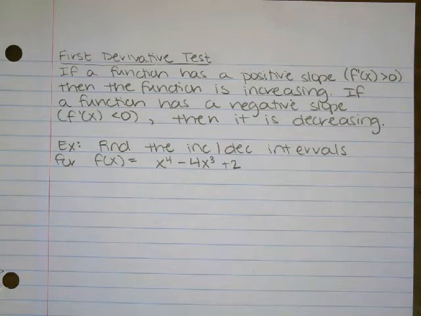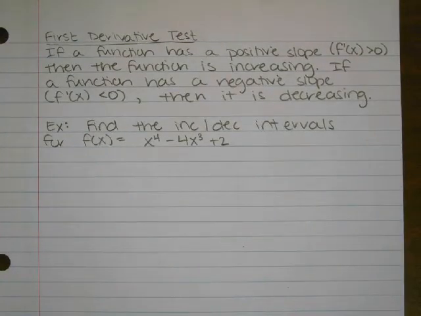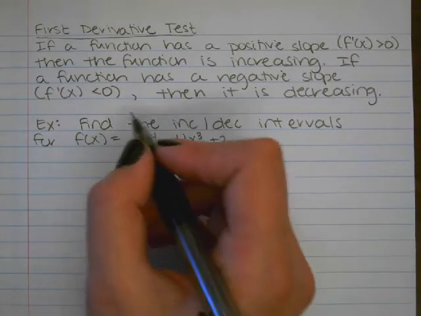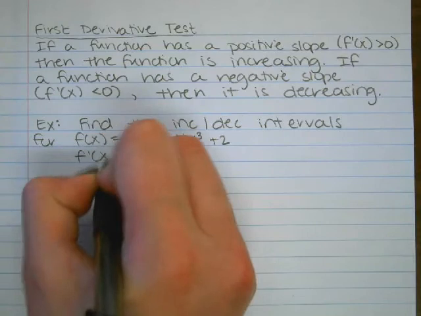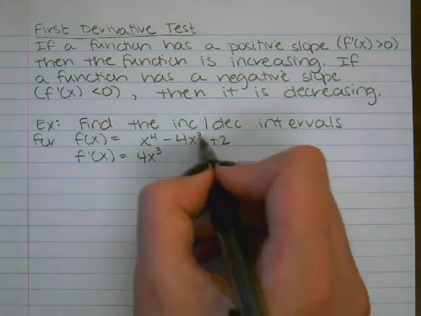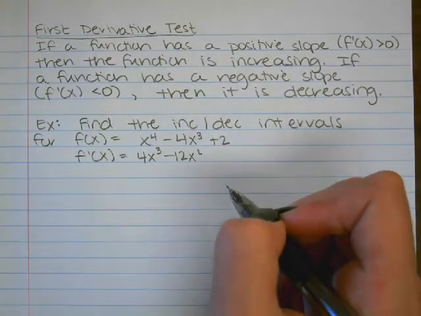And so I need to find my derivative, and then I need to evaluate my derivative so I can see where it's positive or where it's negative. So that's my function. My derivative would be 4x to the 3rd minus 12x squared plus 0.